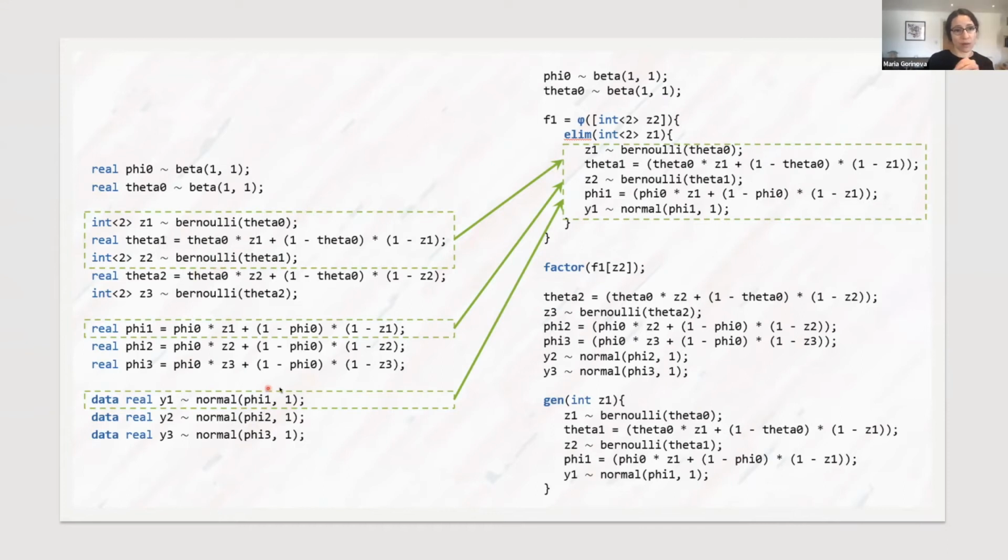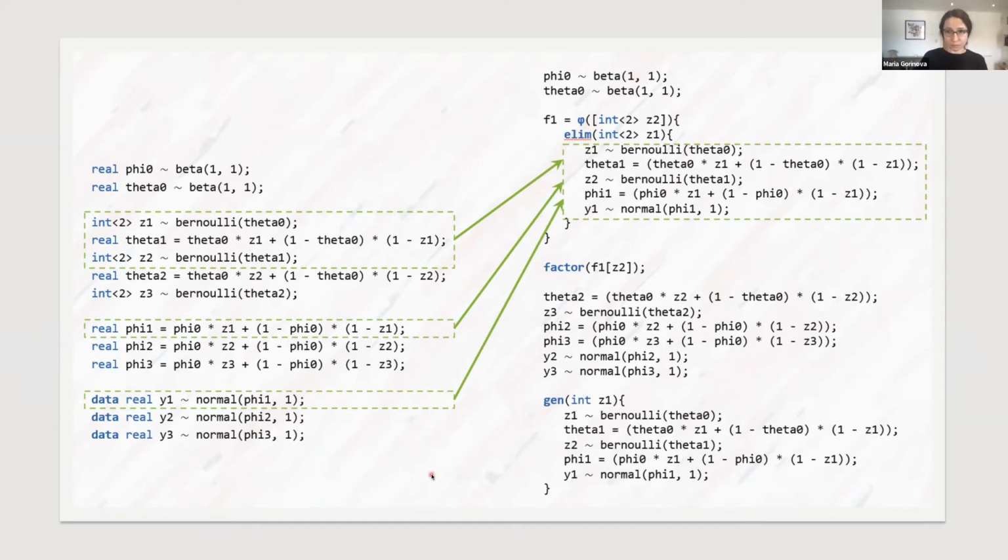They're not in one place. But using information flow analysis, we can detect which statements we should be looking at if we want to marginalize out Z1, and then slice the program and reorder them so that we put them all together and marginalize Z1. So this is what this elim does. It's just syntactic sugar for marginalization, essentially.